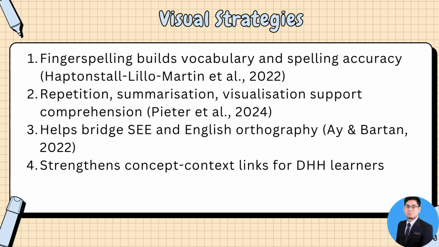Repetition and visualization also help clarify abstract concepts. This strategy links the structure of coded sign systems like SCE with the orthographic structure of English, thus improving literacy outcomes and supporting the way DHH students naturally learn through their eyes.